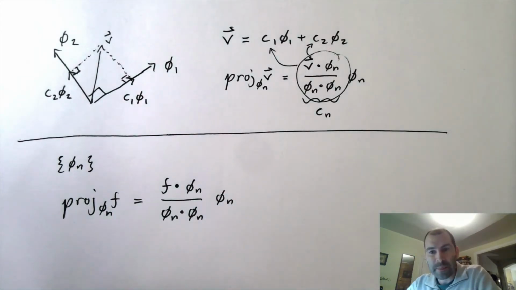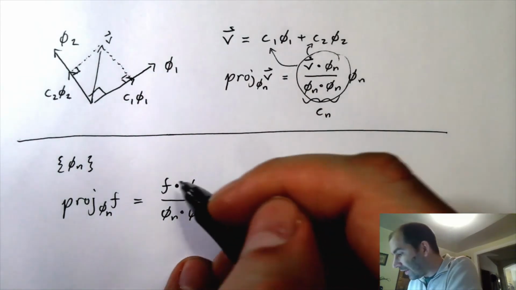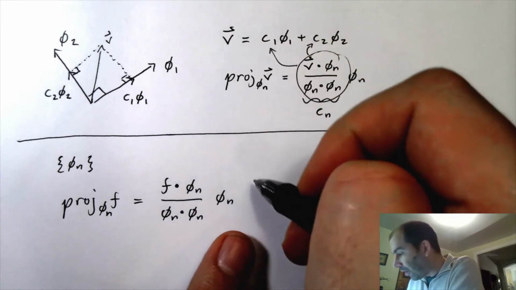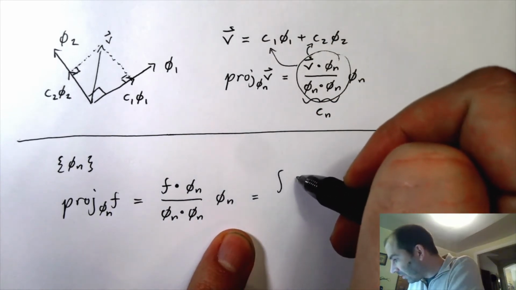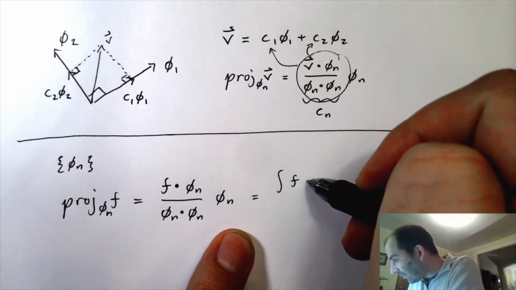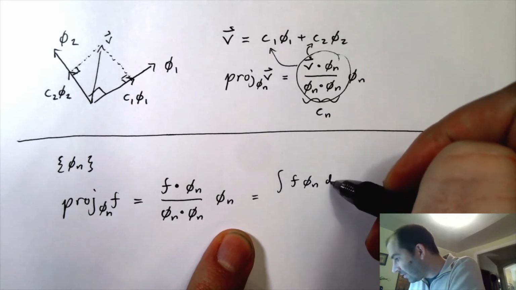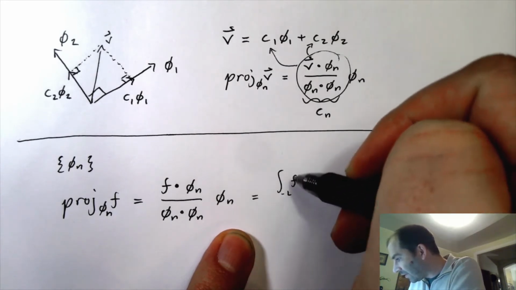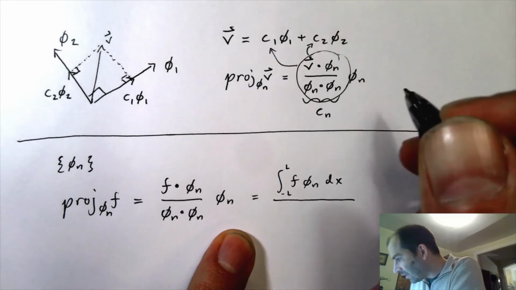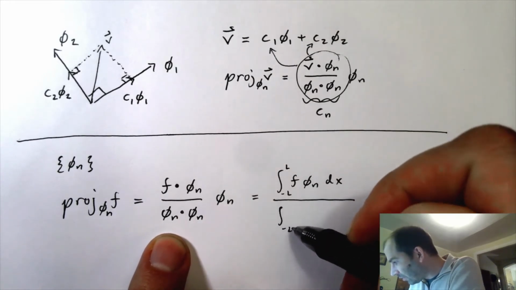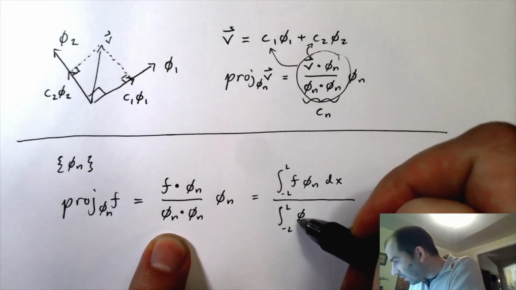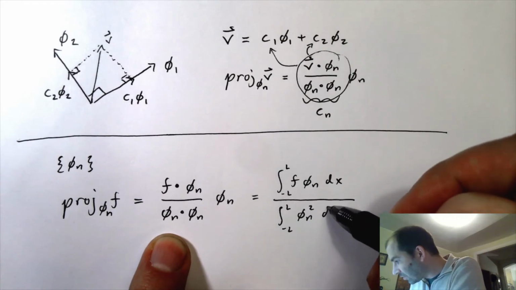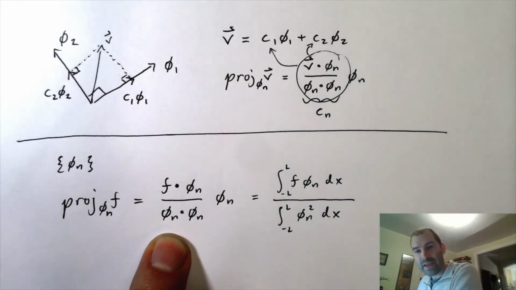And how did we define this dot product? We said it's the integral of f times phi n, and we'll integrate from minus L to L here. And then the denominator is the integral of phi n times phi n, that's phi n squared. And then we're going to multiply by phi n.